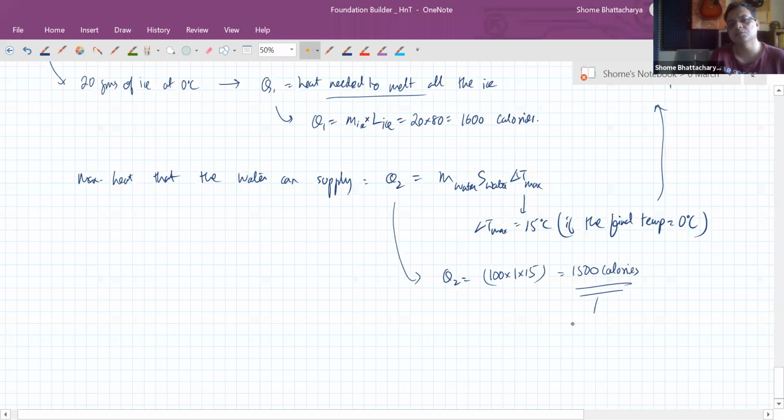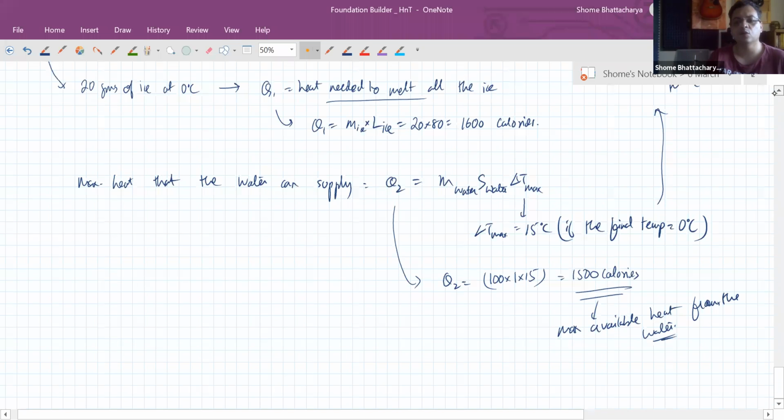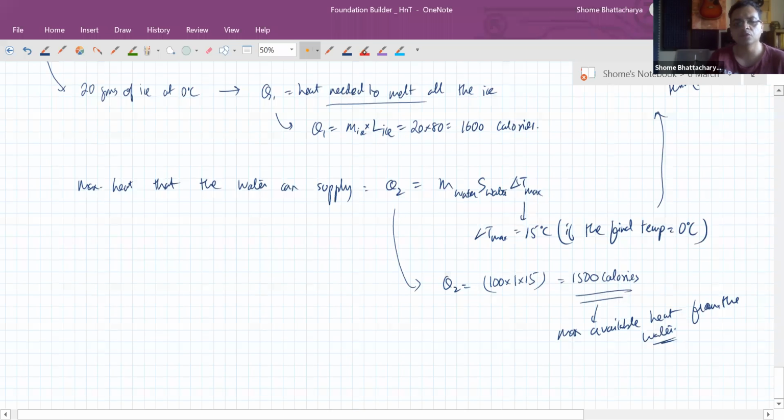This is the maximum available heat from the water. The water cannot give you more heat than 1500 calories because the temperature of the water cannot come down to anything below 0 degrees C.